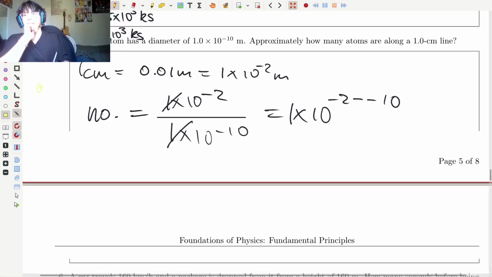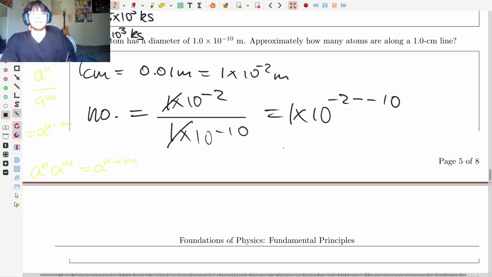If you've got a to the n over a to the m, this is equal to a to the n minus m, and the other one is a to the n times a to the m is equal to a to the n plus m.